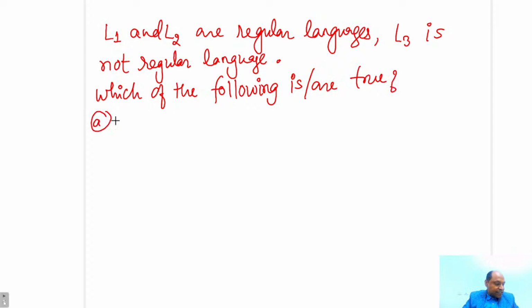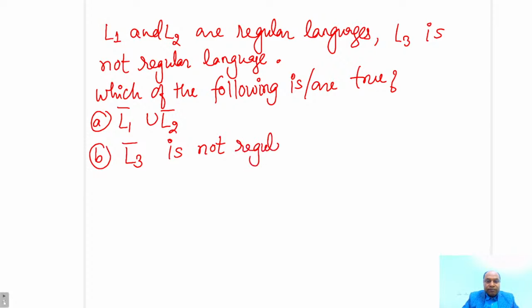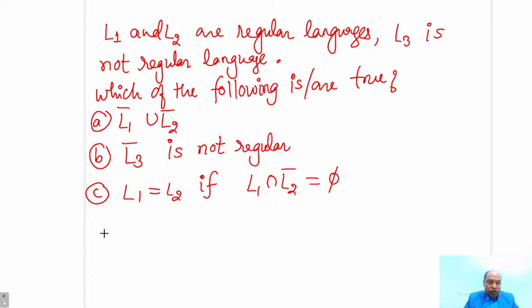Option A says L1 bar union L2 bar, or we can say L1 complement union L2 complement. Option B says that L3 complement is not regular. Option C says that L1 equals L2 if L1 intersection L2 bar, or L2 complement, is equal to phi. And option D says that L1 intersection, L1 union L3 is not regular.